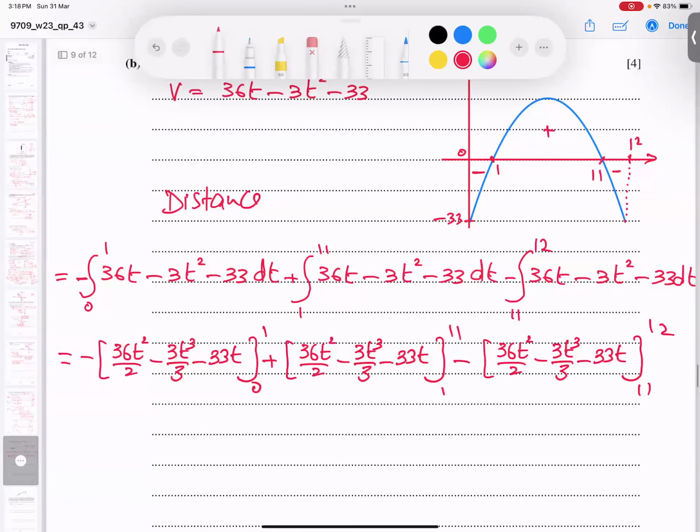Now I simplify. What is the best way of simplification? I got 18t to power 2, negative t cube, and negative 33t. And again, I will put the limits. Same story, I will do it.